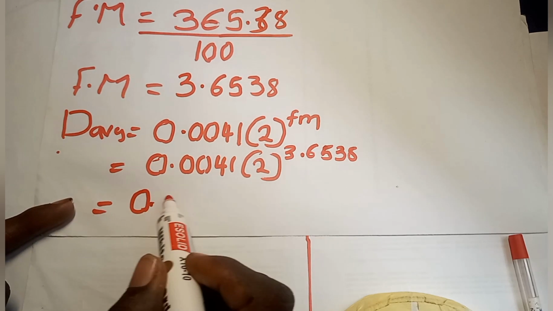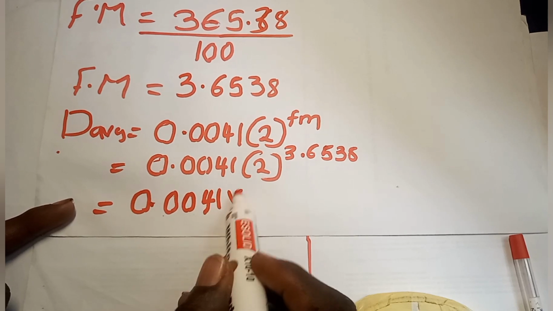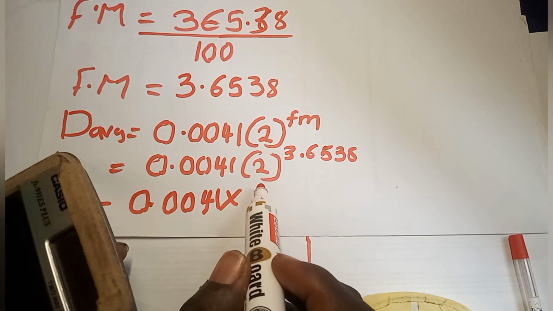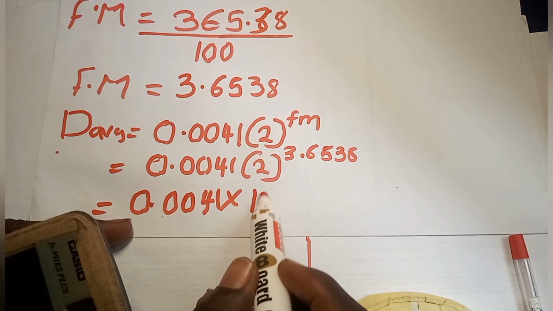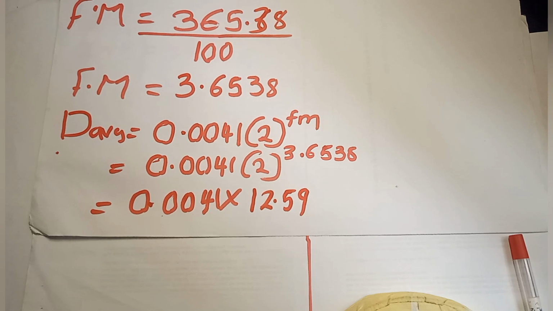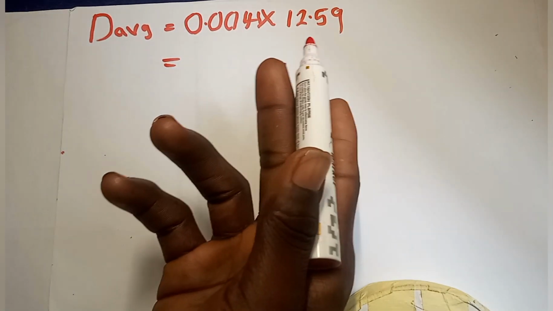I have 0.0041 multiplied by 12.58, approximately 12.59.